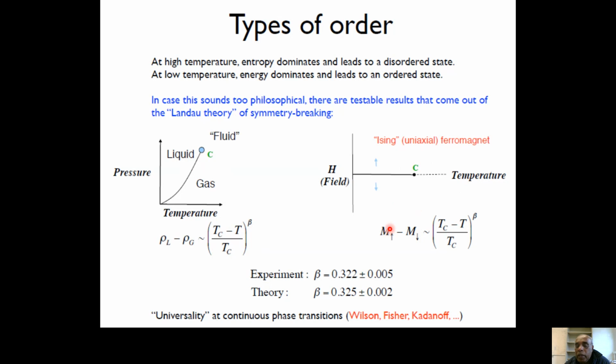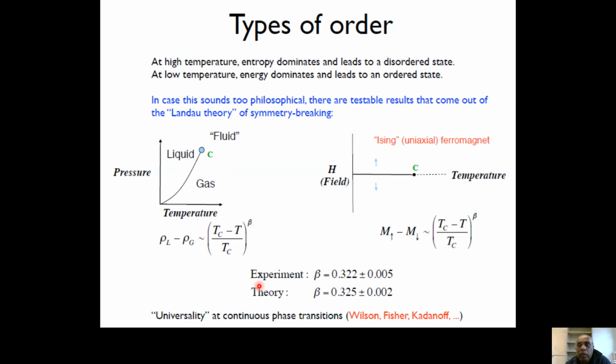So again, if you look at this magnetization, the difference between these two, just like liquid and gas densities, you have magnetization due to spin up and magnetization due to spin down. That difference also follows a similar scaling behavior. So this Tc again is the critical temperature, like the Curie temperature.